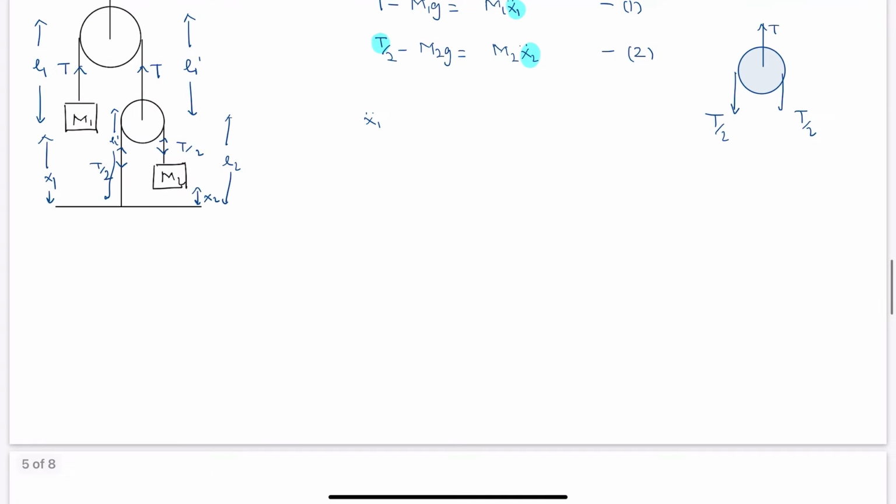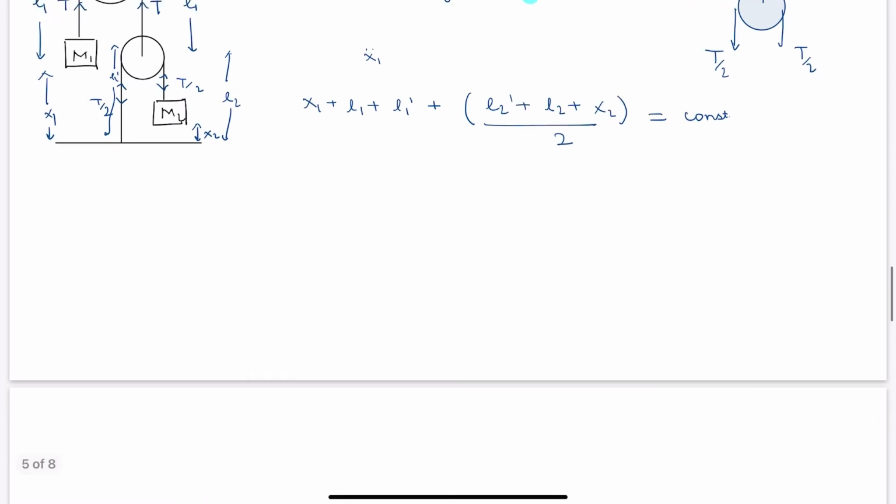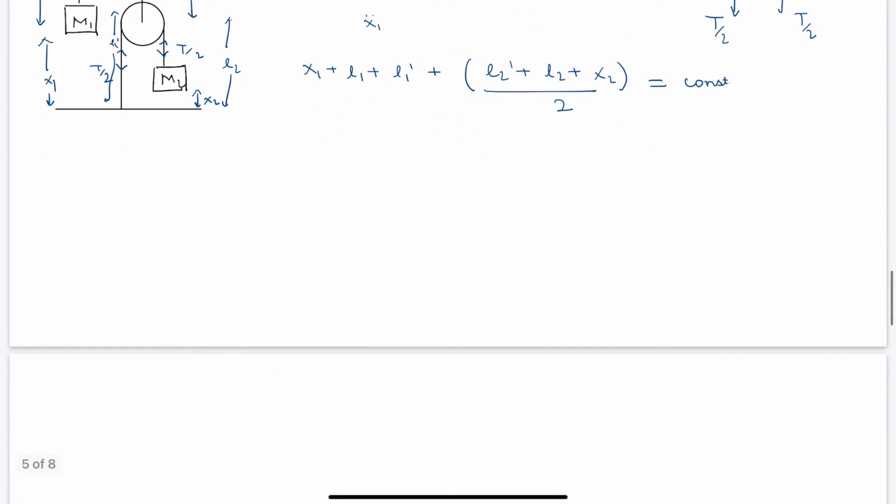Let's say x1 plus L1 plus L1 dash plus L2 dash plus L2 plus x2 divided by 2, and this whole thing is constant, so I will take the time derivative all across the equation.